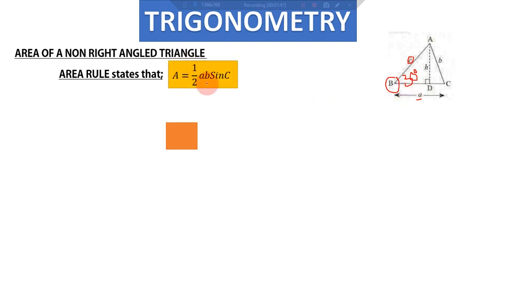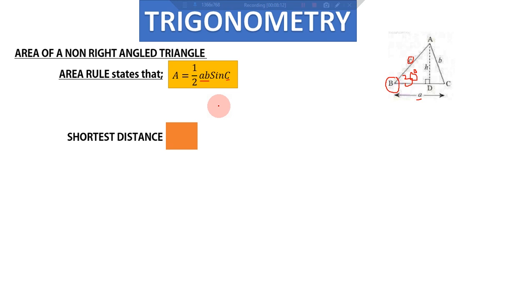This is just a reference formula to show that the angle that you use, you also multiply it with the adjacent sides. For instance, here on the formula we have used angle C. The adjacent sides to C are A and B. This is what you are seeing here on the formula, A and B. Okay, thank you. We'll proceed.